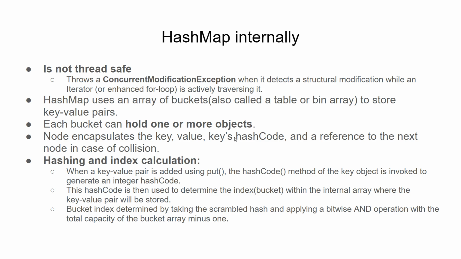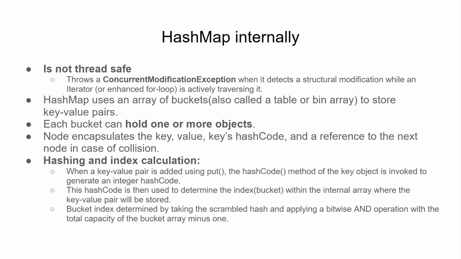And so the hashing and index calculation, okay. If you are using get or put, for example, or removal, the hashing and index calculation will be performed for those operations. When we are using put, the hashCode of the key is invoked and generates an integer hash code.